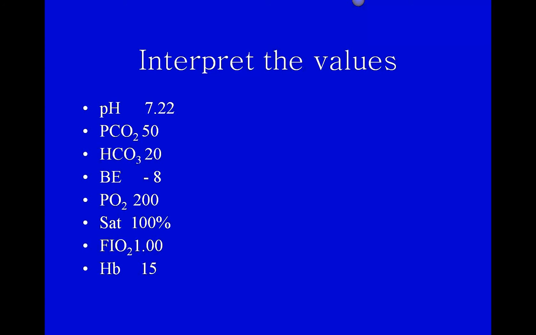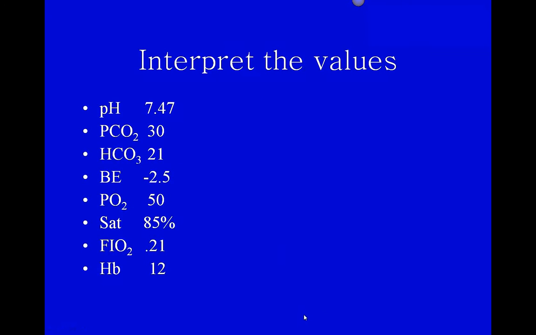And if both systems are causing the problem, then they can't try to compensate. So you don't say uncompensated, you just say combined acidosis. So if I read in a patient's chart they have combined acidosis, I know that their CO2 is higher than it should be, and their bicarb is lower than it should be. Okay, and we have hyperoxia.